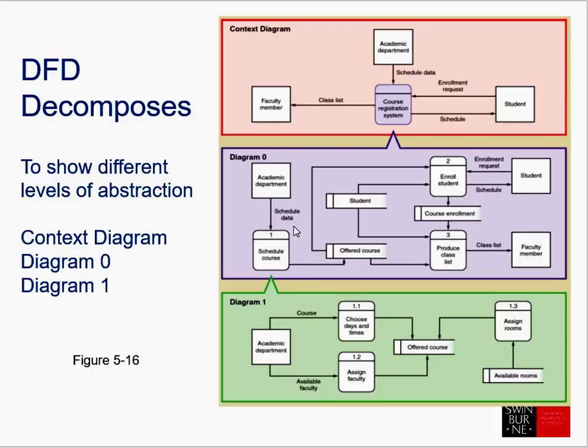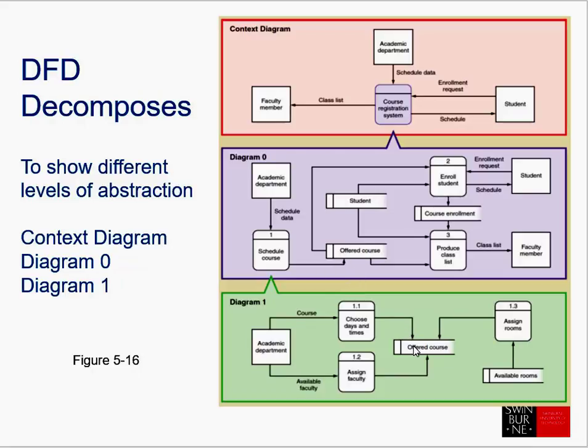So in this, the business analyst captured this separately, identifying two separate flows, and then identified that there are three processes inside scheduling course. So the course detail goes to the sub-process choose days and times, and once you process it, days and times will return back to the offered courses data entity.